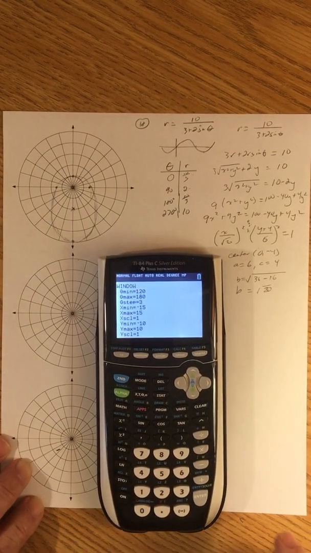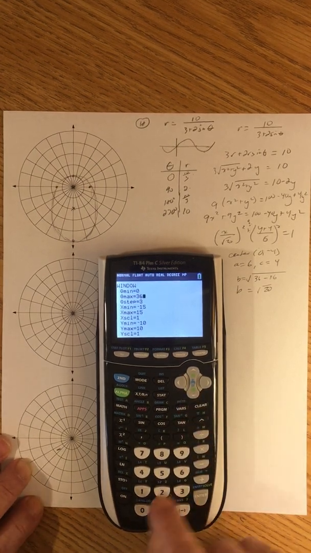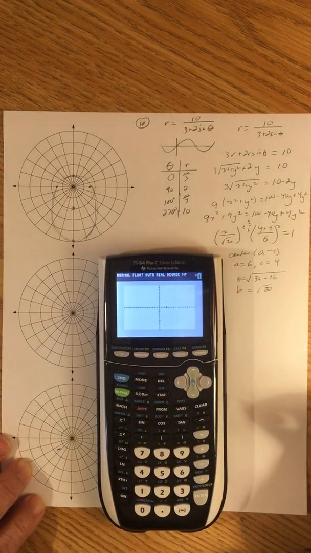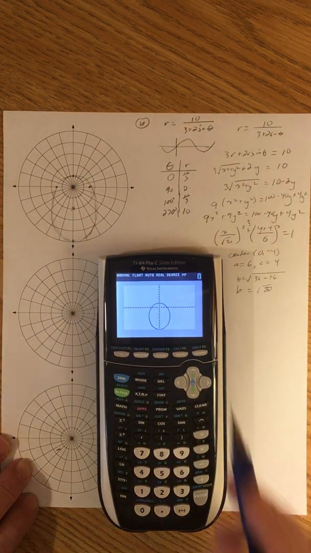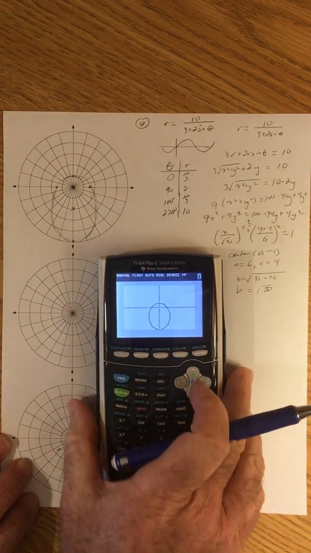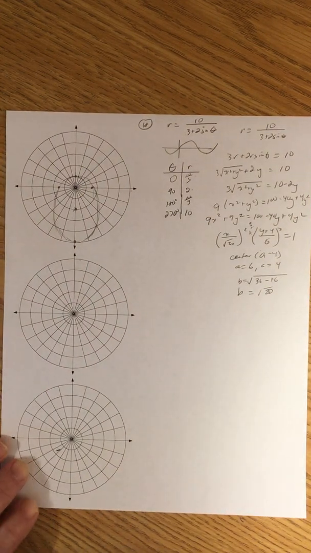This is something that was left over from yesterday. Okay, I need to go 0 to 360 to get this whole thing. And there is that ellipse that we had just plotted, and everything checks out. Okay. All right, you read and study about those conic sections, and you also do problem number 17.